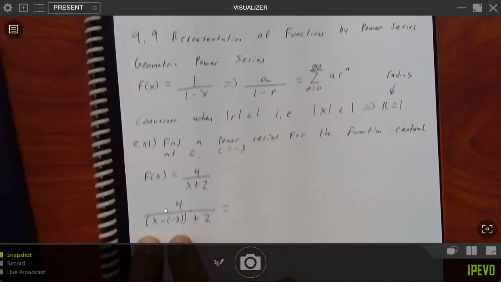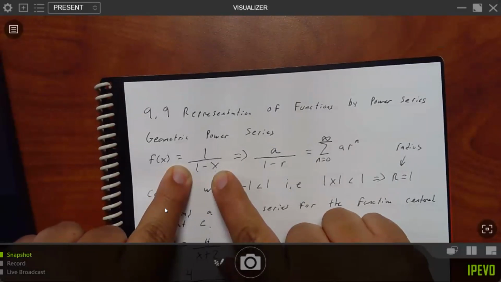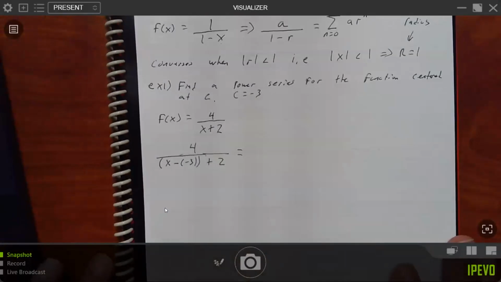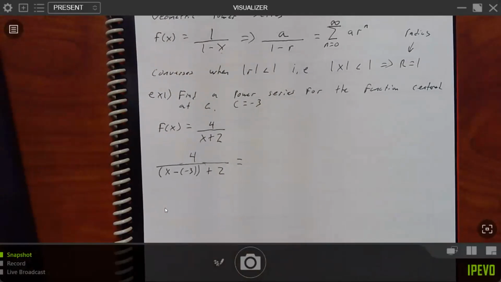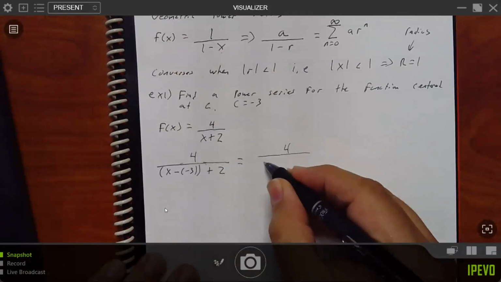So over here, just a regular -x centered at 0. But we're trying to make it look like this, or this one. So that's what we're trying to get to. Eventually, I need to get the number in front, right? So I'm going to go ahead and put the 2 over here.